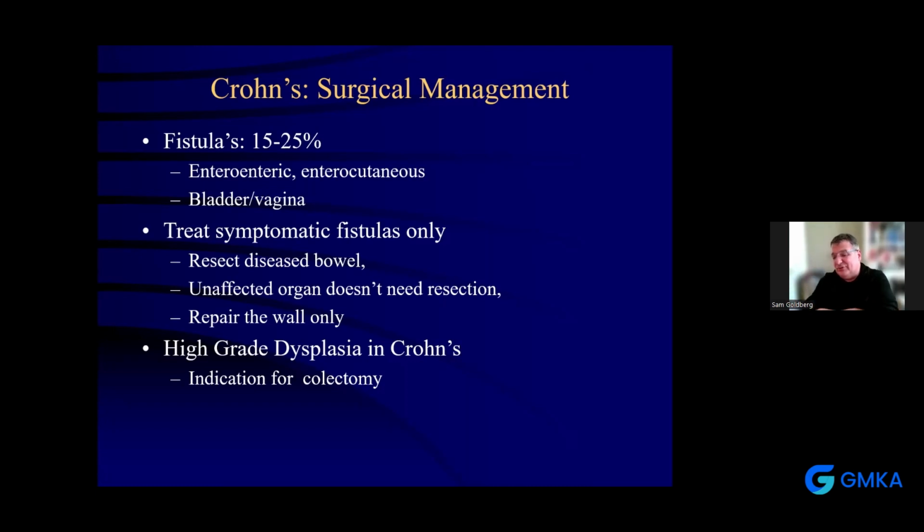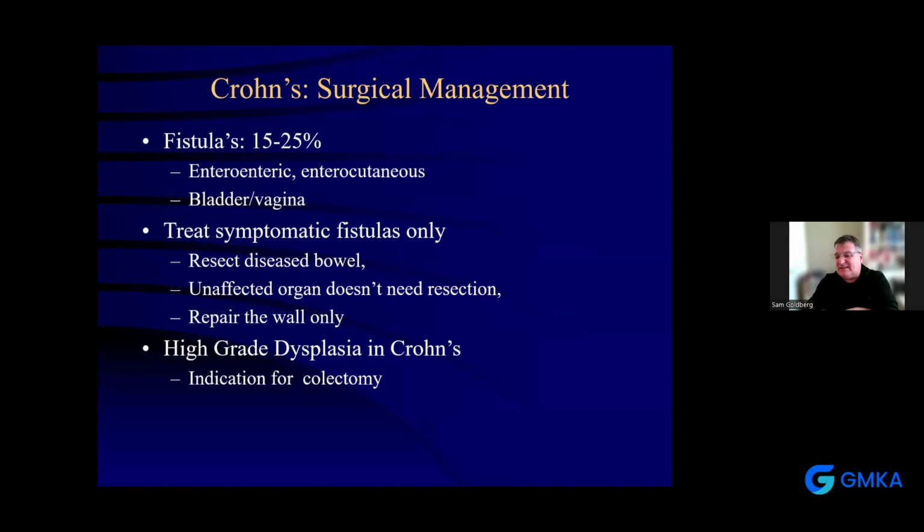What I typically do is I just take a small stapler and I staple where the fistula from the diseased bowel joins the good organ. So if it's small intestine to sigmoid colon and it's a very defined fistula, I just put a transverse 3 centimeter or 30 millimeter stapler, and I staple on the colon, and then I resect the other piece of bowel. Same thing on the transverse colon.